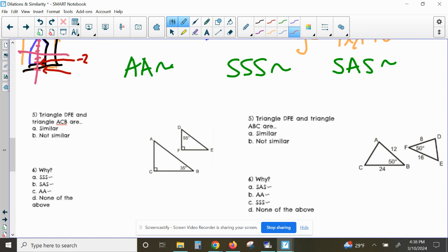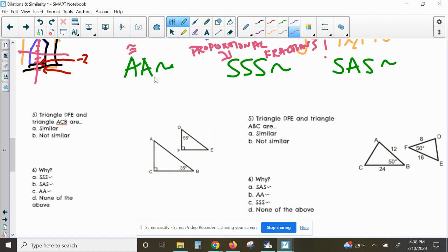The rule for these: angles have to be congruent, but sides have to be proportional, which means you can make fractions out of them that are equivalent.